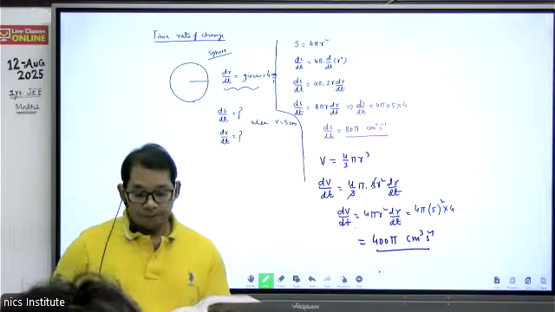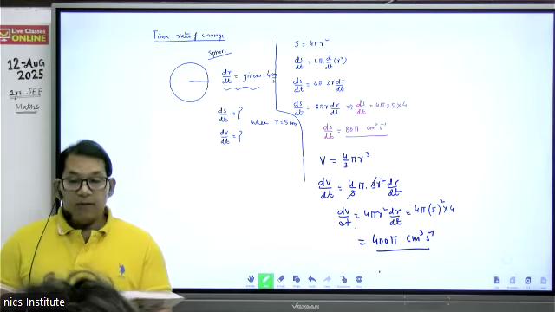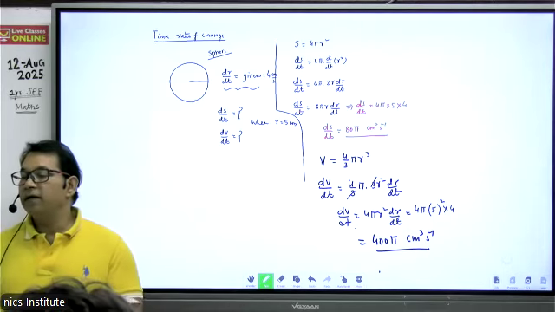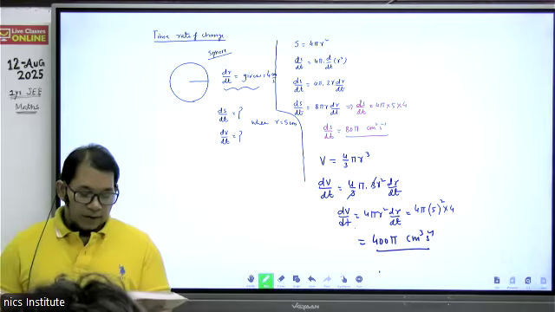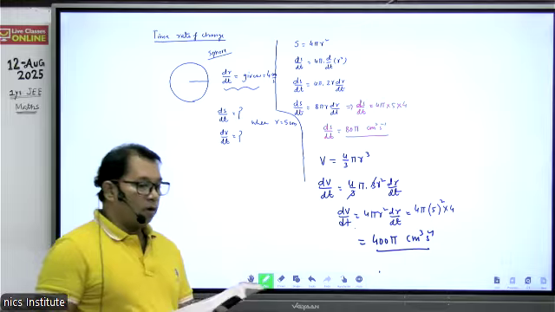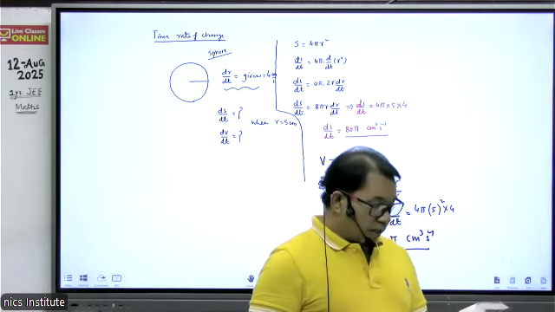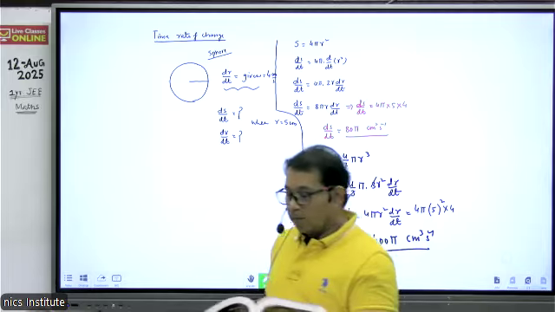Write a question. Water is being filled at the rate of 1 centimeter cube per second.